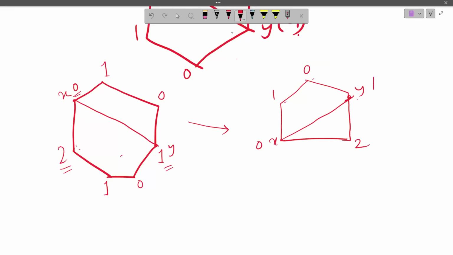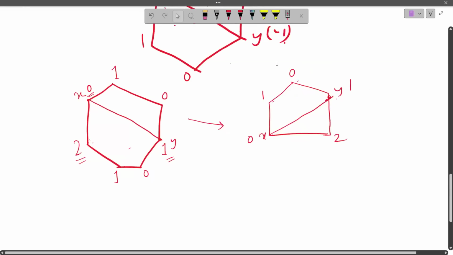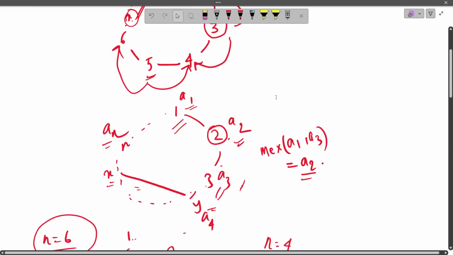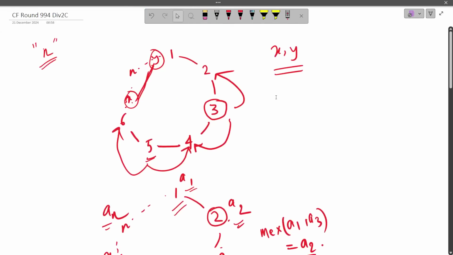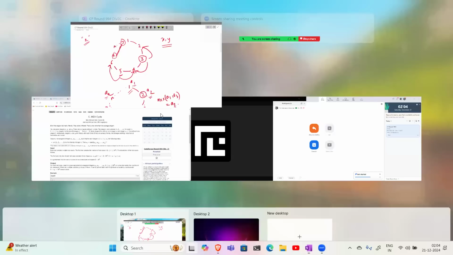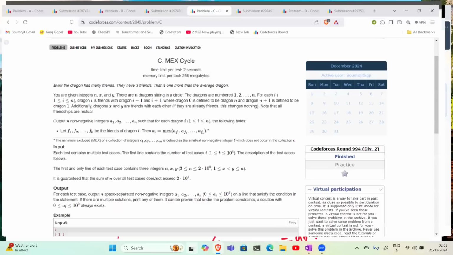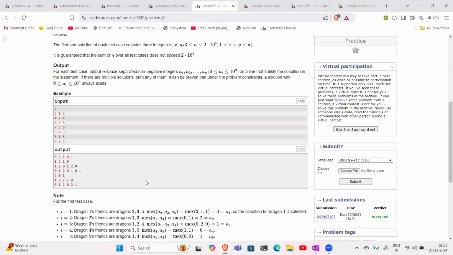So this was basically the idea for solving problem number C. That you first solve the problem for pure cycles, and then extend the idea to the case where there is actually x and y, and that would actually help to solve the problem. And you would also realize that the output to the problem statement was actually a hint to this problem.